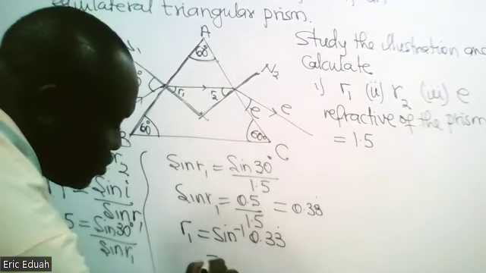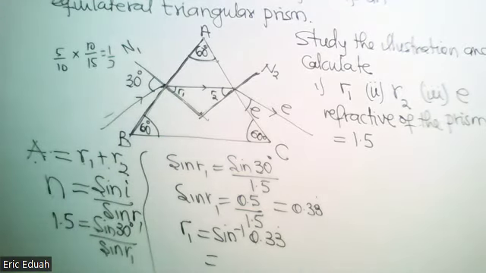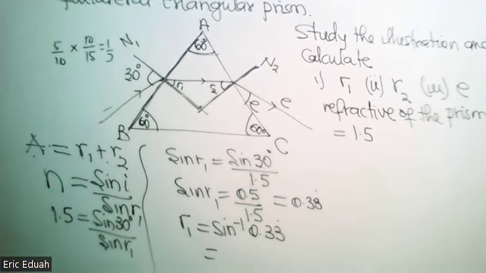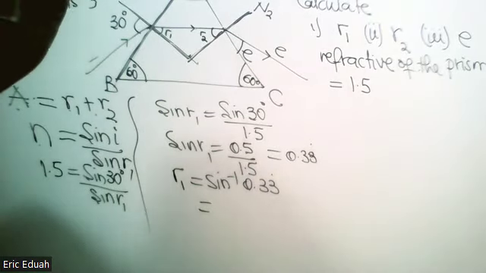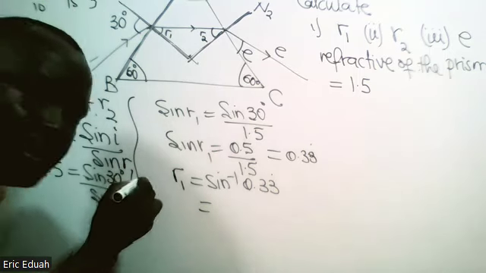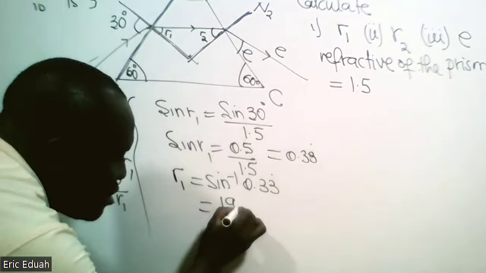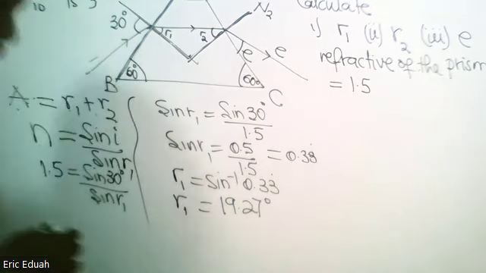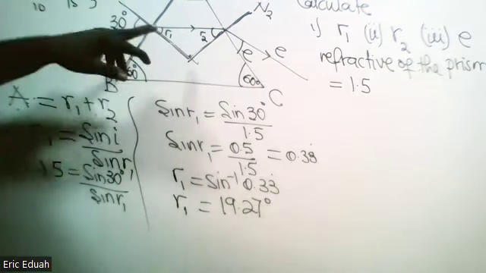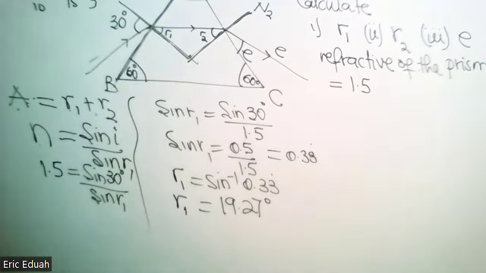And that is equal to, what's the sine inverse of that decimal figure? 19.27 degrees. So this is the value of R1. Having had R1, R2 is simple.